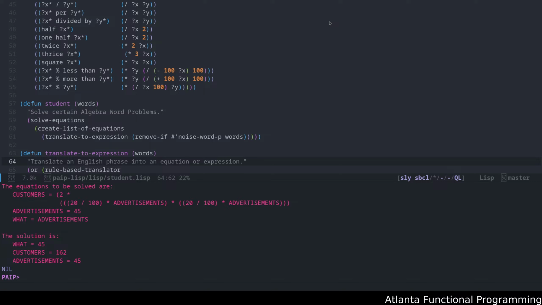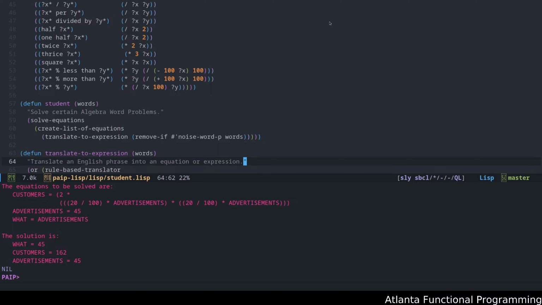Today, we're going to be mainly covering the end of Chapter 7 on Student. If you recall, last week we talked about Student and its ability to essentially solve word problems that you typically would find in a high school algebra book.